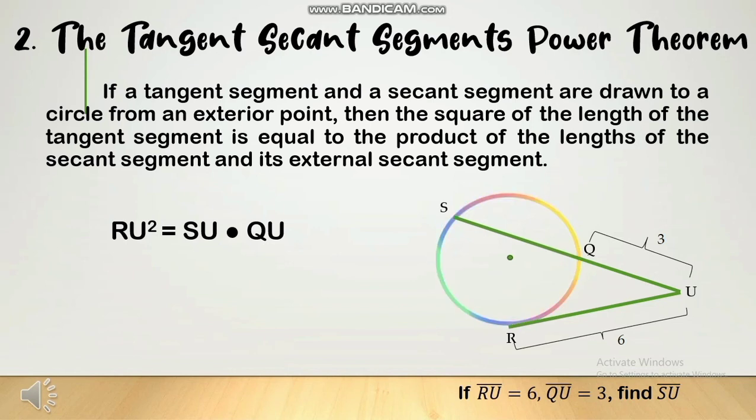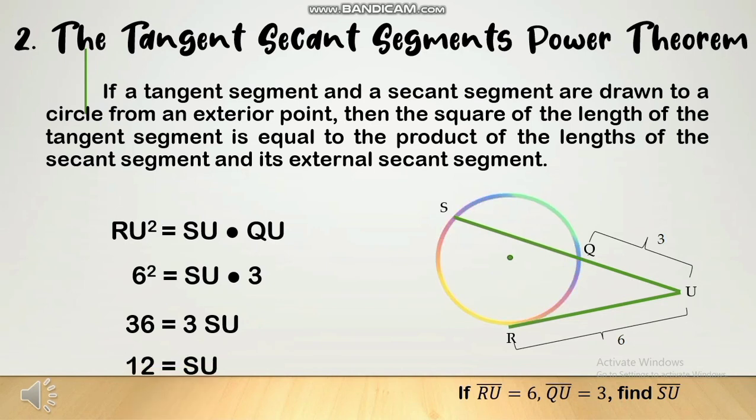RU is 6, so 6 squared, which is 36, equals SU times 3. SU times 3 is 3SU. So 36 equals 3SU. To solve for SU, divide 36 by 3, which is equal to 12. So the measure of the secant segment SU is equal to 12.